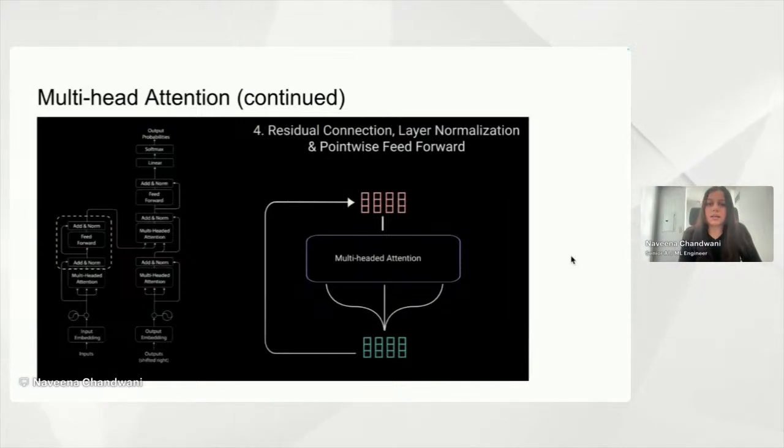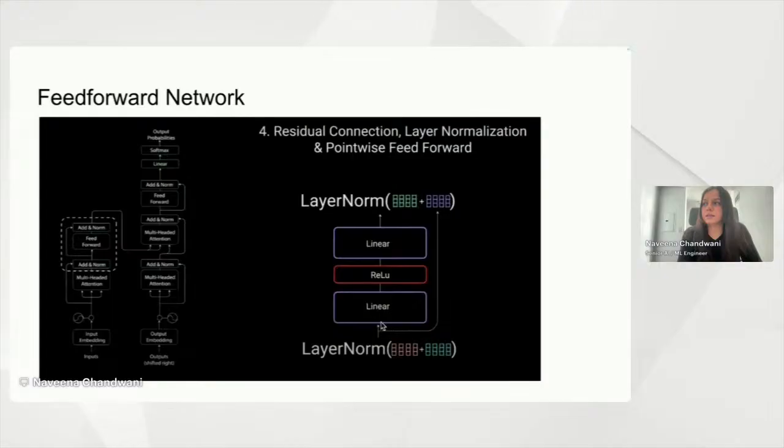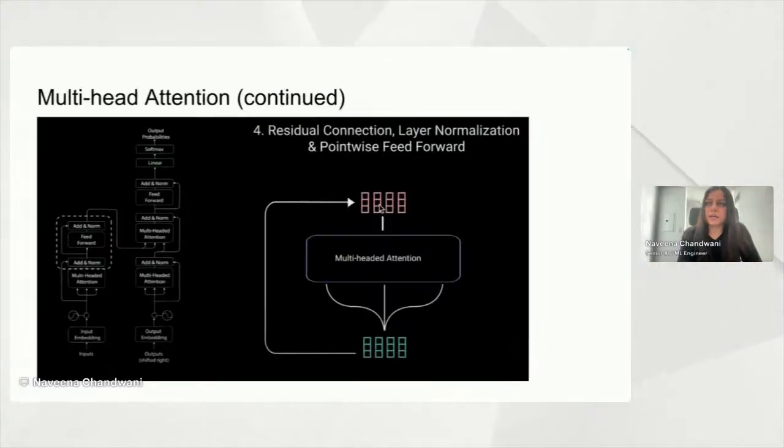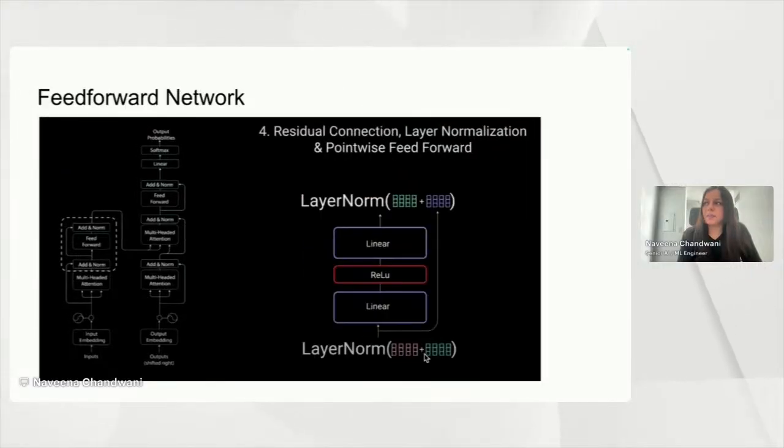After that, we see add and normalization, which is shown here. So these orange vectors plus these green ones, we add them and then we do a layer normalization. Normalization refers to limiting the range of your inputs.